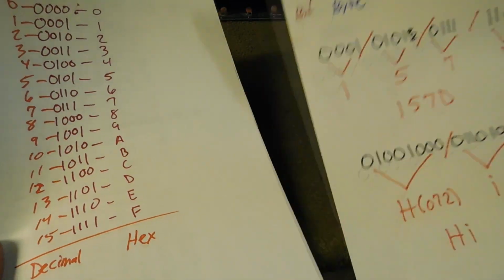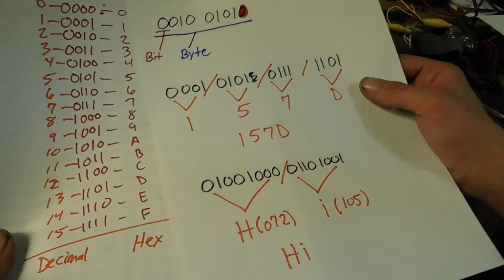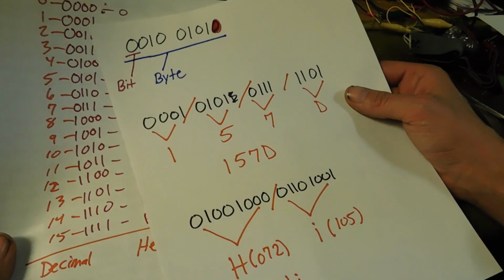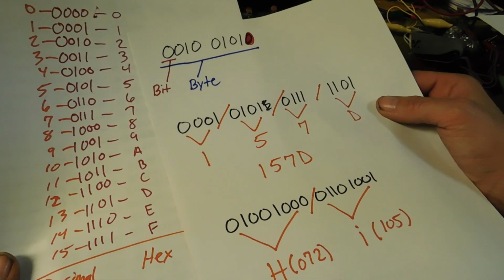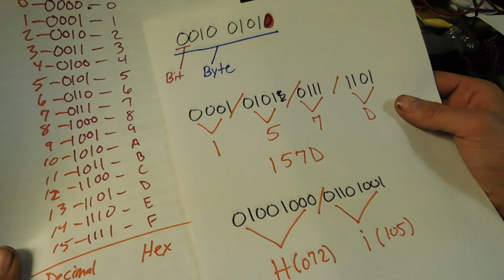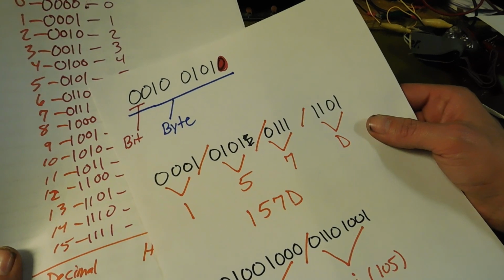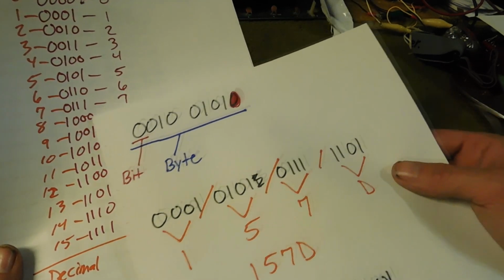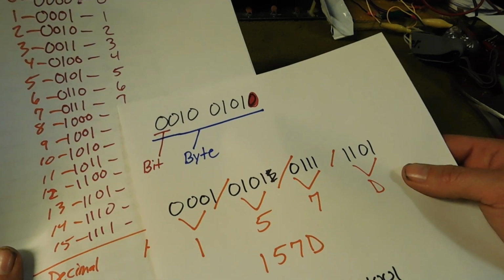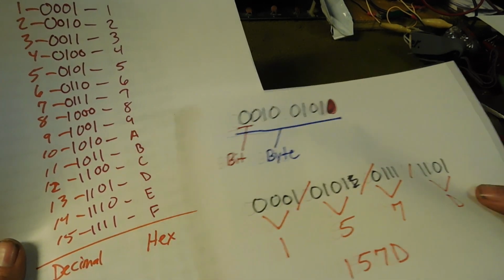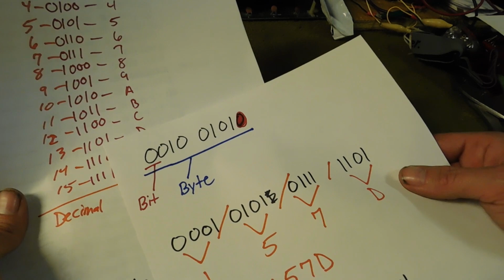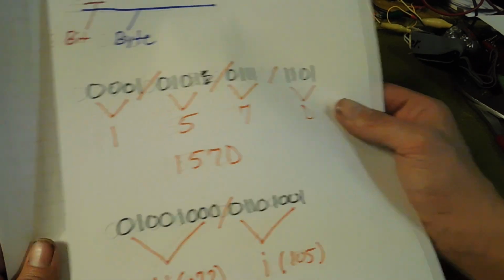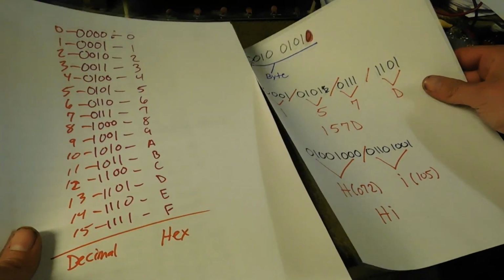And if we look here, that's where we get this information here. So 0001, right there, creates 1. 0101, right there, creates 5. And then 0111, as there, 7. And 1101, right there, creates D. And that's where we get the 157D, okay? That's how we kind of do our conversion.